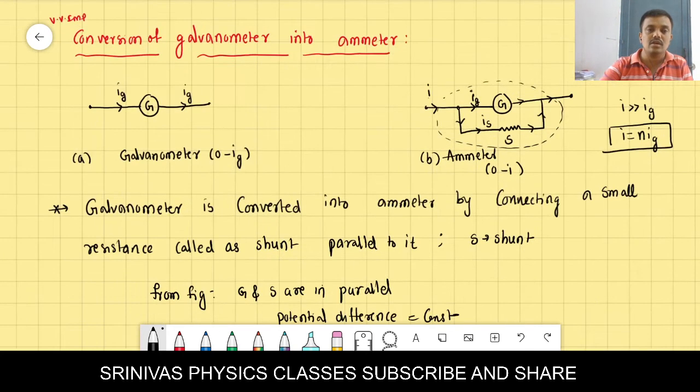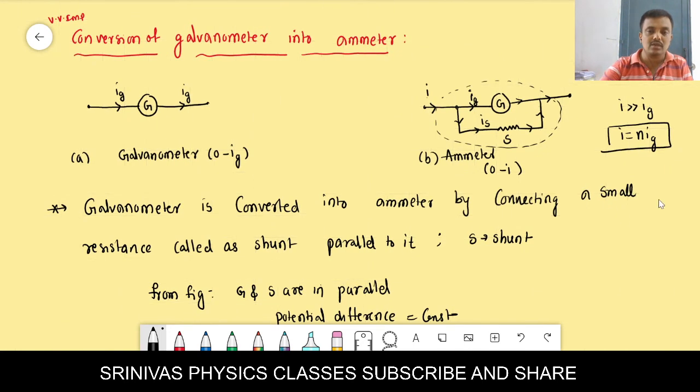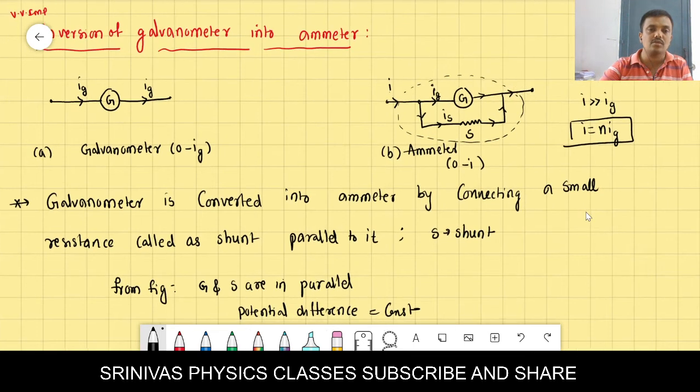And the last topic, that is next one, is the conversion of galvanometer into voltmeter. Then with that our fourth chapter is complete.